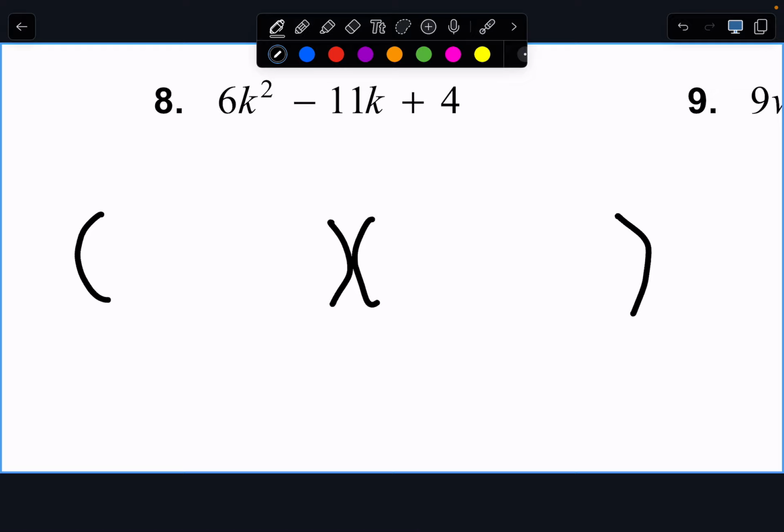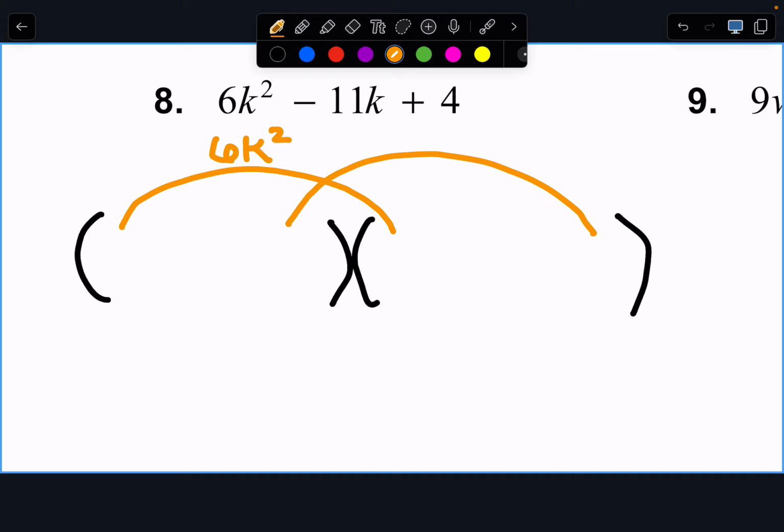What we know is that this is going to FOIL to get back to 6k squared minus 11k plus 4. So the first product needs to be 6k squared, and our last product has to be 4.